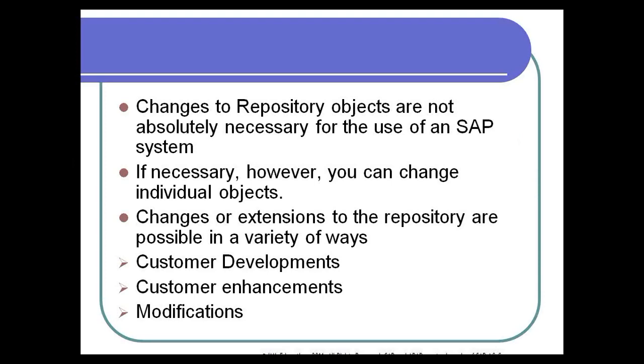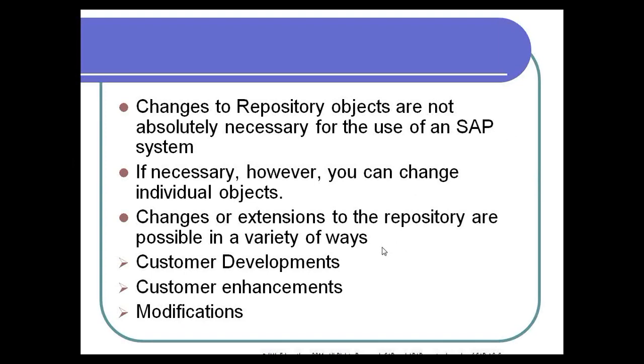So when you join a company as an ABAP consultant, you'll be working on either new developments, developing new applications, or you'll be enhancing the standard SAP applications, or you'll be modifying. Right? So which one do you think we'll prefer doing?